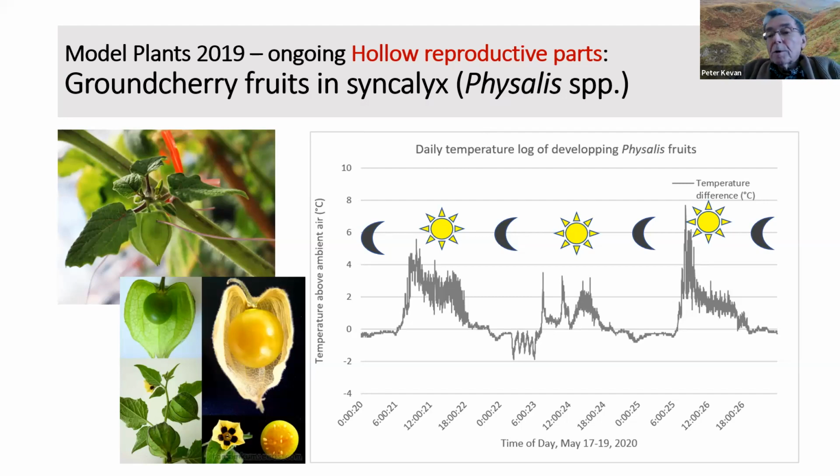And the Chinese group has looked at that in different species of physalis and have recorded some of the same sorts of things. So we're looking at that, and again, a lot of analysis of the data to do. Our labs have been pretty much closed down because of the pandemic, and it's only recently we've opened them up again. So next one.